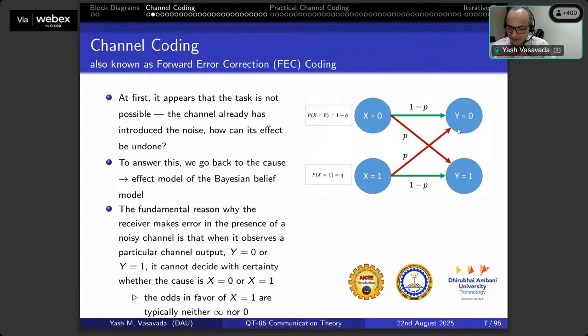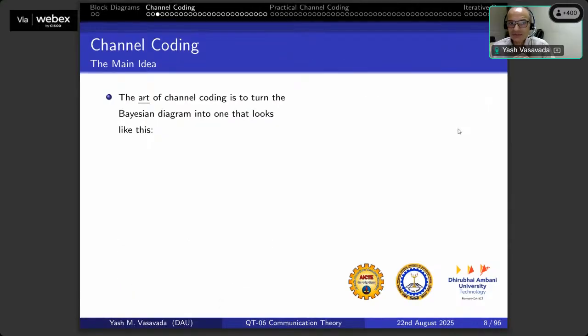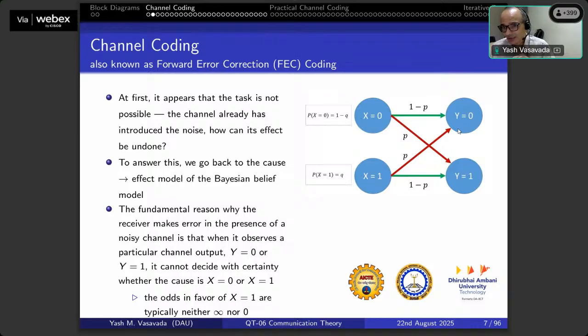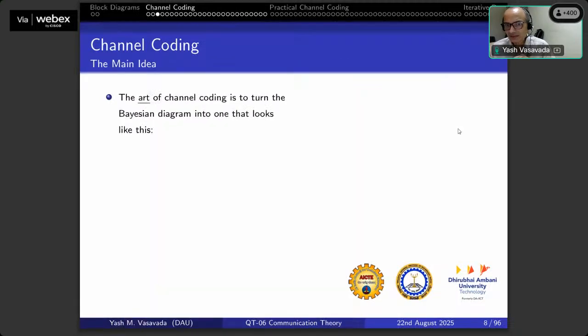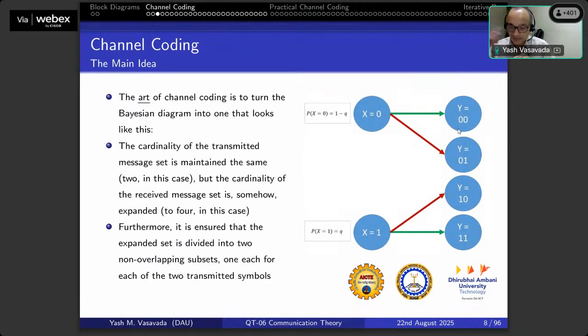The basic technique that the engineers had in the early days was to take this binary symmetric channel and hopefully turn it into something like the one shown here. Input is still binary. The output somehow has become quaternary. There are 4 possibilities of the output.